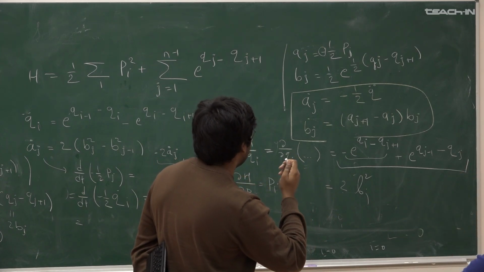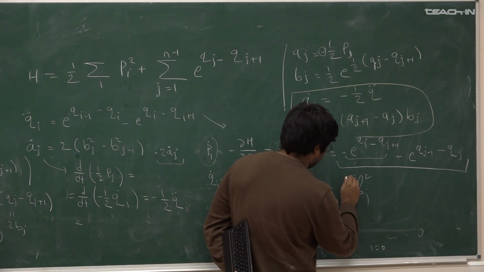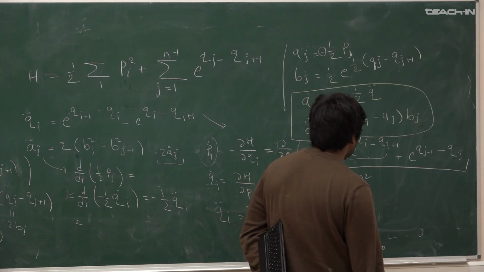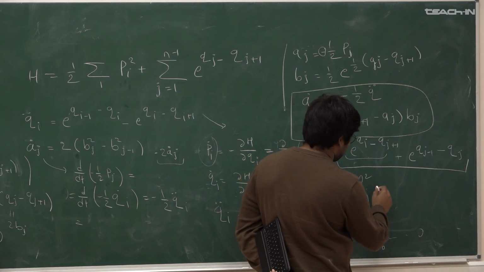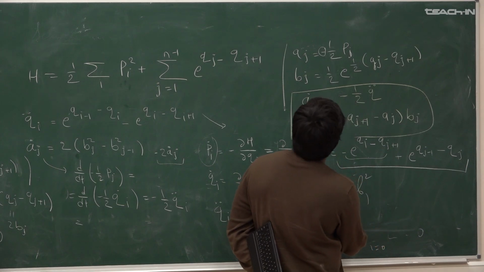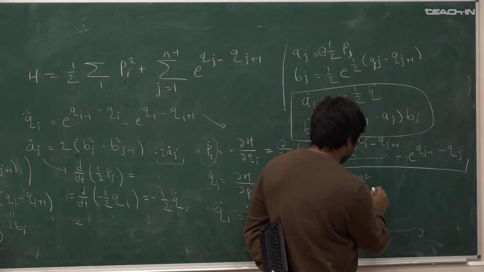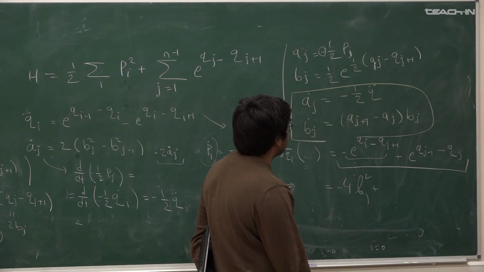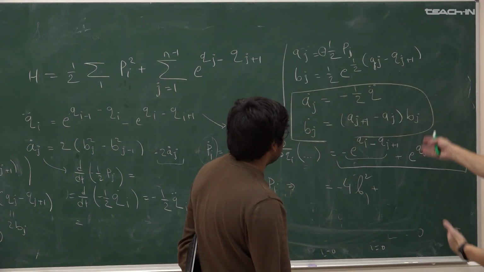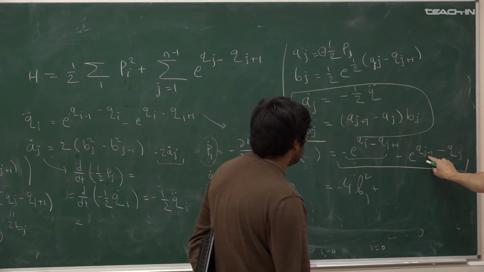I would say 4. Yes, 4. So 4bj square plus, and minus, because of this. Yes, there is already minus. And plus the same, but for the different values of indices.